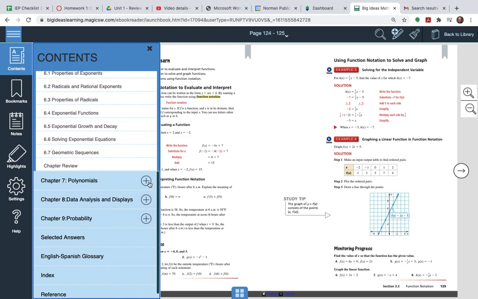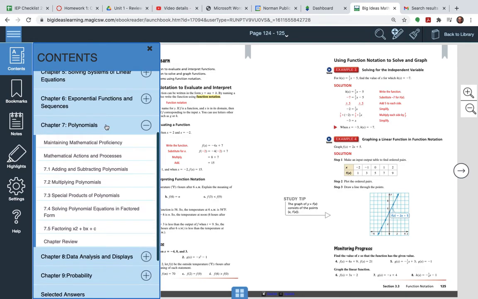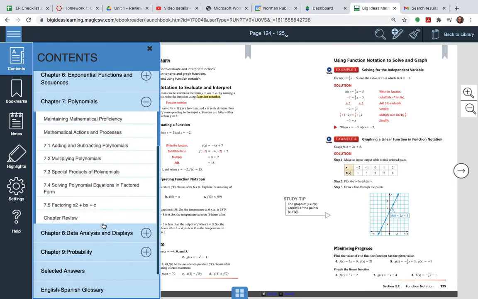And then we're going to move on to polynomials, where we will talk about adding and subtracting polynomials, multiplying polynomials, all of that stuff, and factoring. This is probably as far as we're going to get with the semester, but they are things that I want to cover very, very, very well.